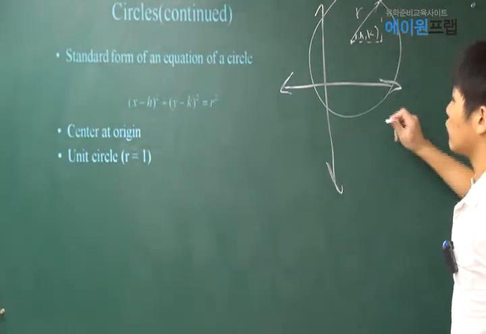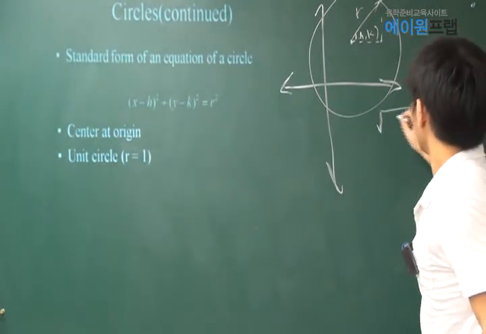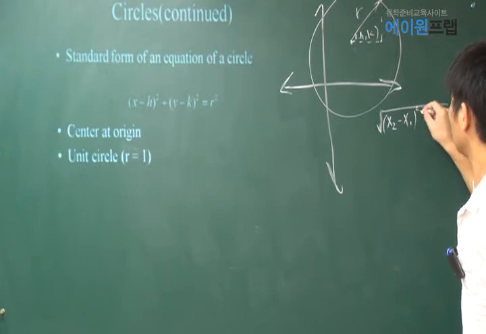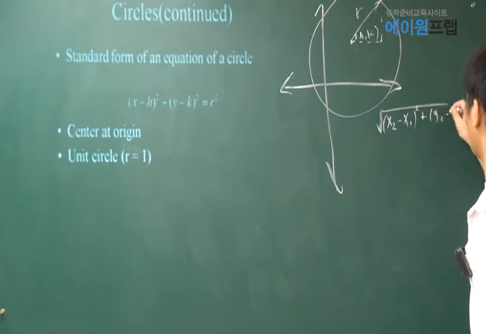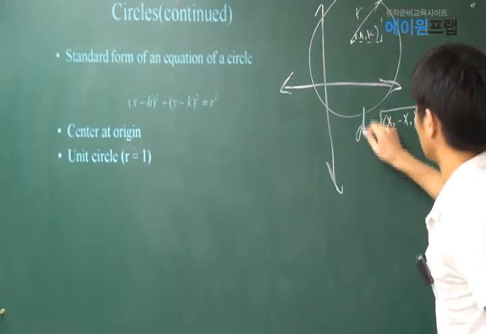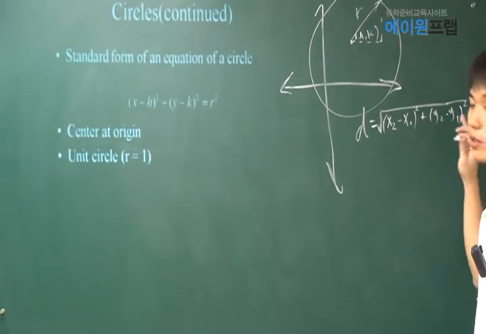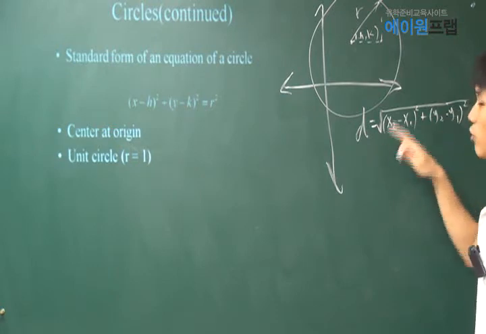The distance formula is given by the square root of (x2 minus x1) squared plus (y2 minus y1) squared.